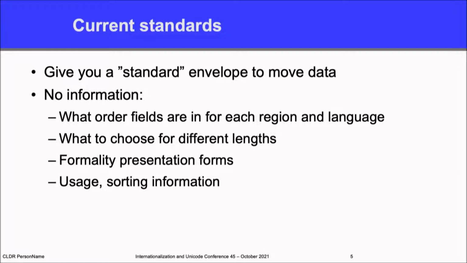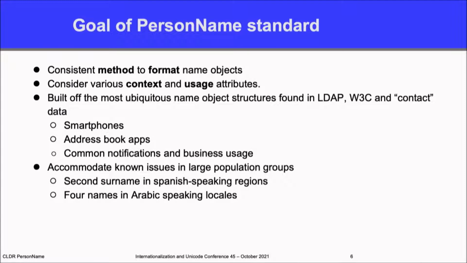And when we talked last year, what we were bringing into the standard this year is what order those fields should be in, what lengths, the formality of the context, and also the usage. Am I talking to a person? Am I referring to a person, etc.?